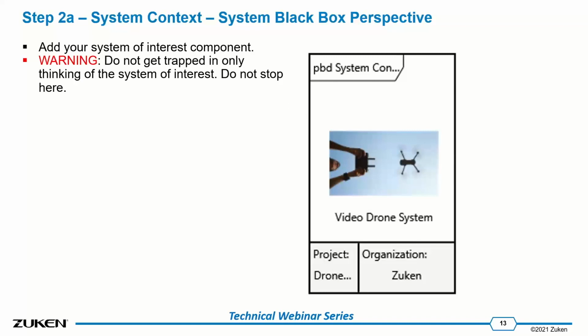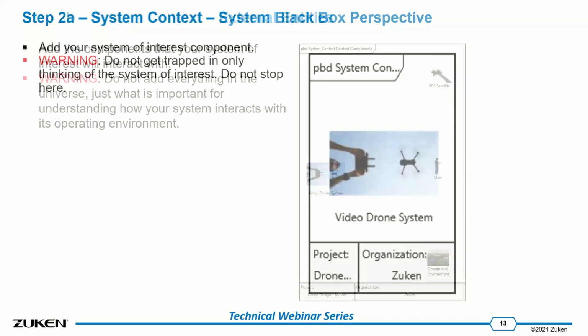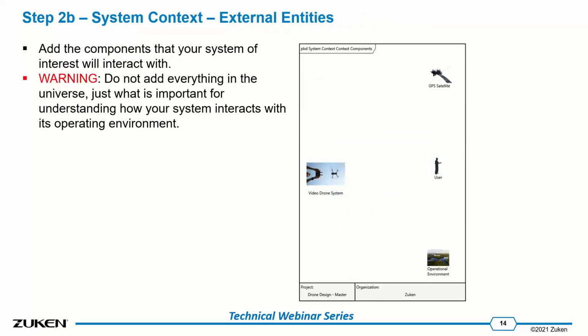The warning here is, do not get trapped in only thinking of the system of interest. Do not stop here. Because if you did, you're not expanding that view to look at the interactions that your system has with its environment. So here at the next level, we add the external entities.